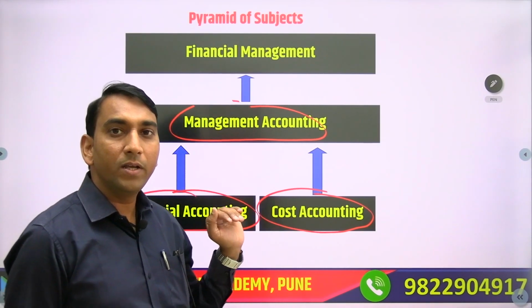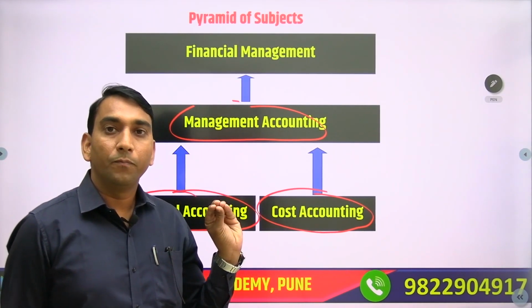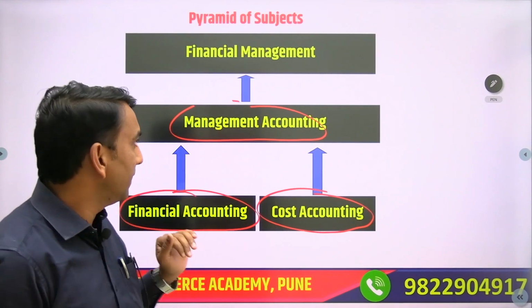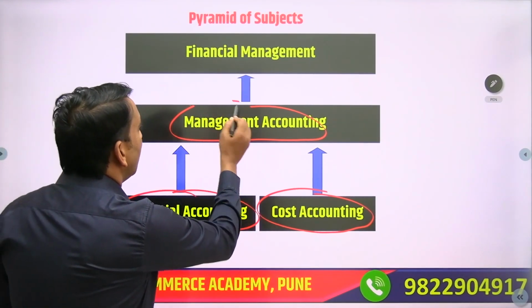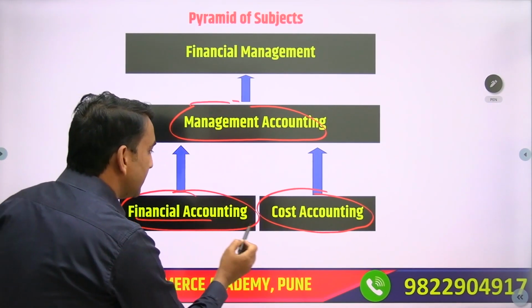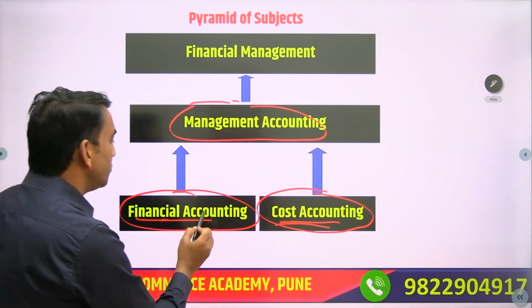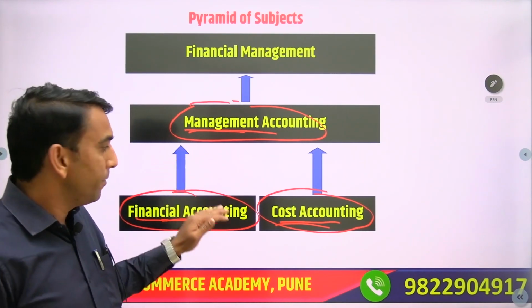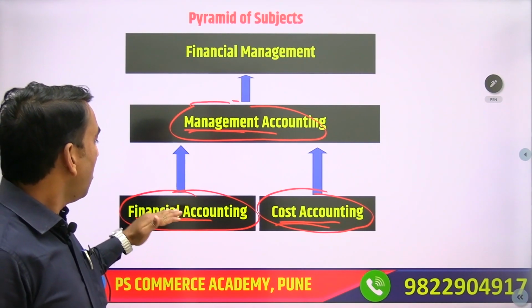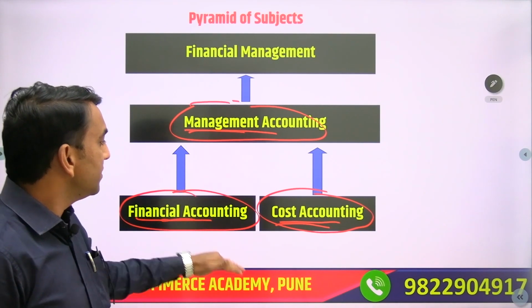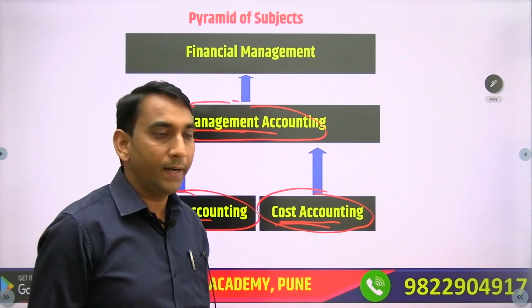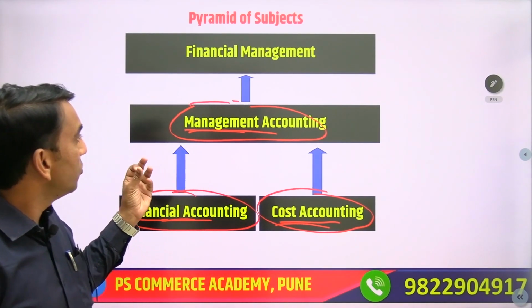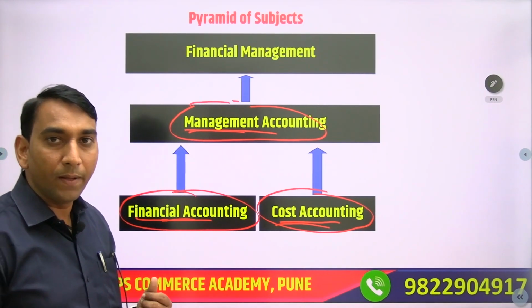In case of cost accounting जो है तो cost statement prepare करने के काम करते हैं. Now because these two branches have certain limitations, we have to study the management accounting. Why we have to study the management accounting? Because answers of some questions are not given by the financial accounting or cost accounting, right? So what we have to do, we have to study the management accounting.